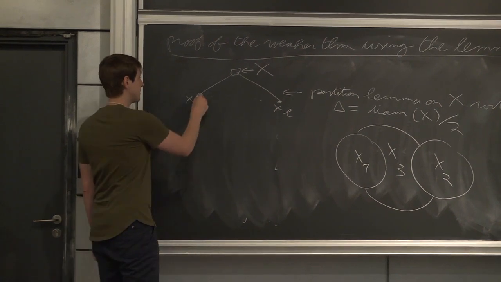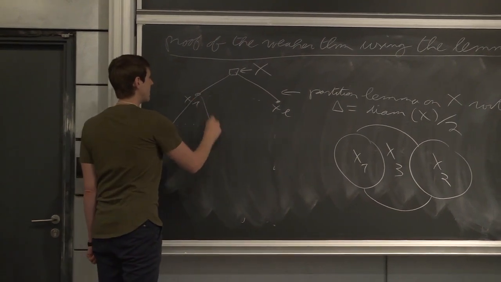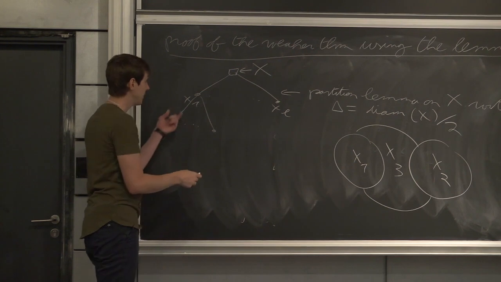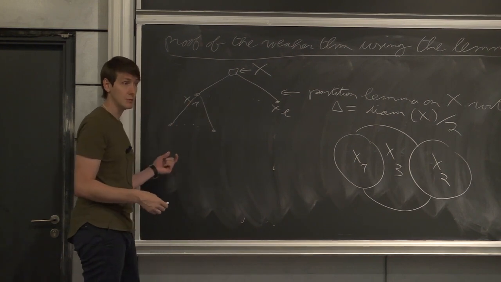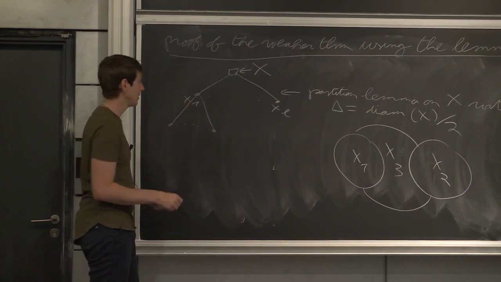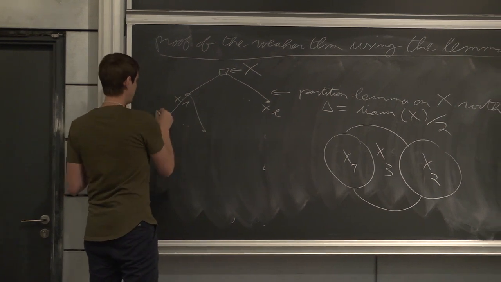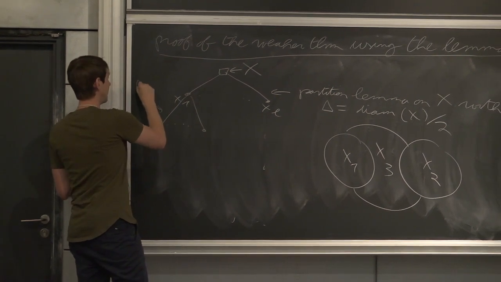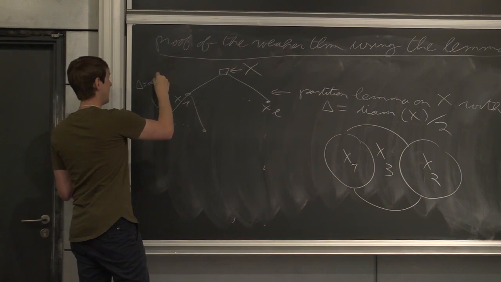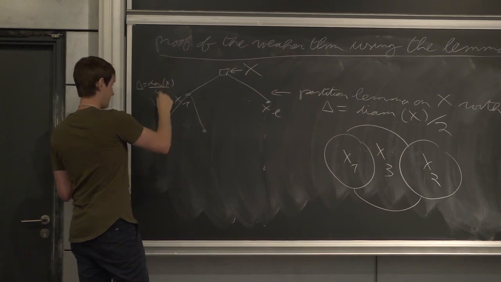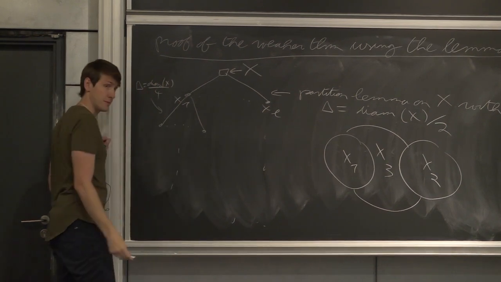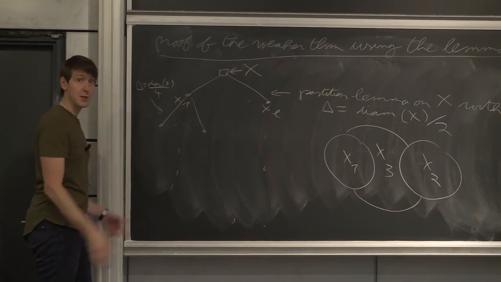And now I just repeat. In there, I call the partition lemma with the diameter of x1 divided by 2, and so on and so forth. Here now, I will call it with delta, which is diameter of x divided by 4, and so on. So this gives me a tree.